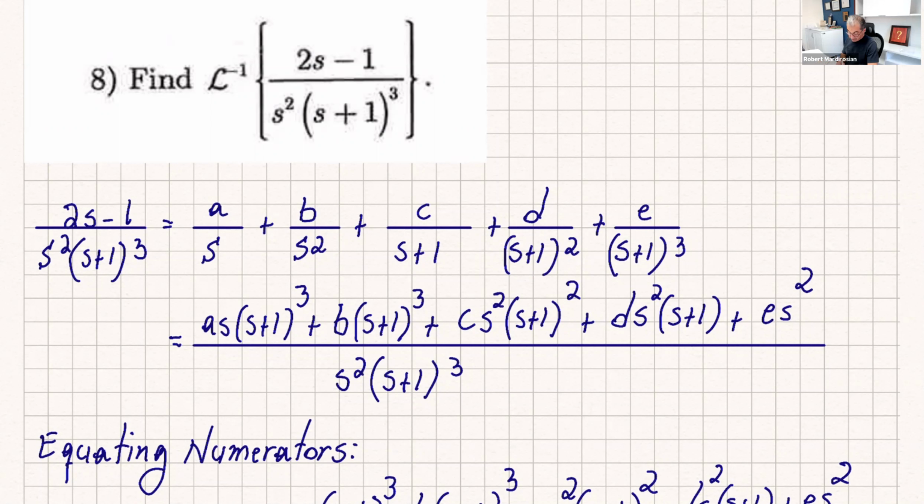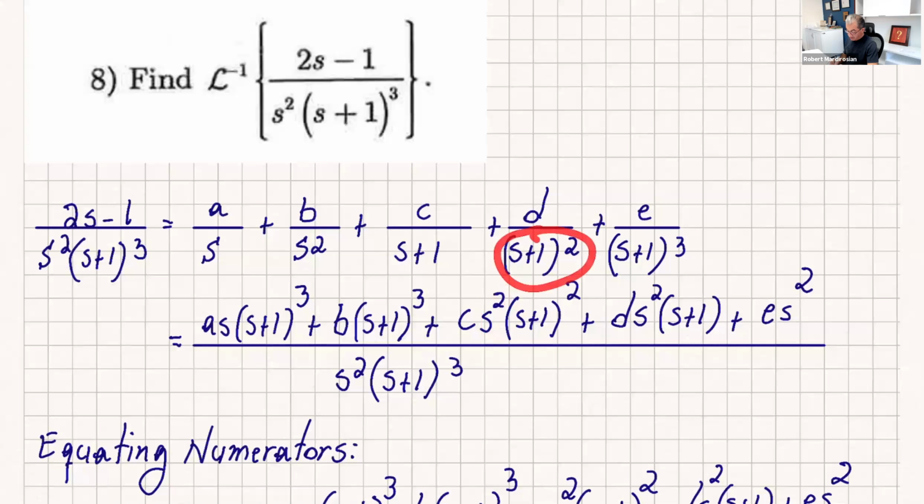Finding the LCD, we multiply a by s. The LCD is just that, so this one we multiply by s and s plus 1 cubed, plus b times. This has s squared, so you multiply b by s plus 1 cubed. This one has s plus 1, so c times s squared, s plus 1 squared.